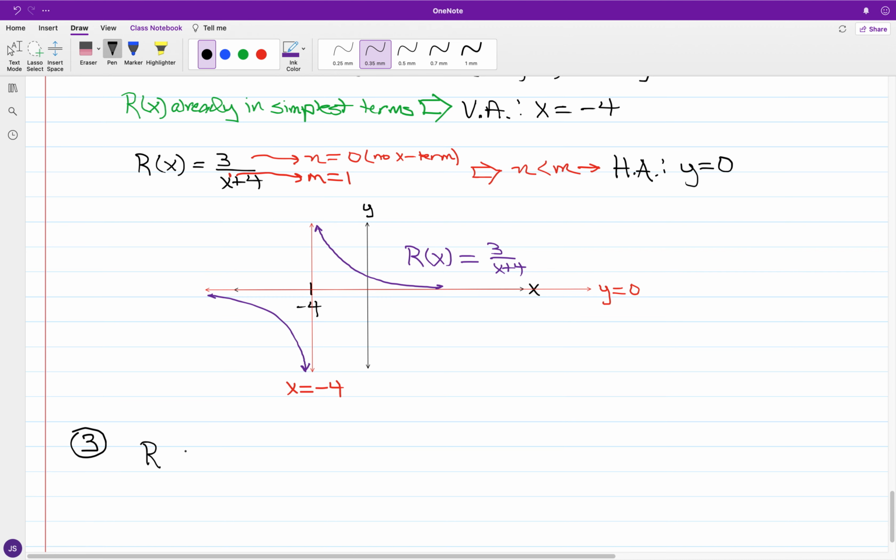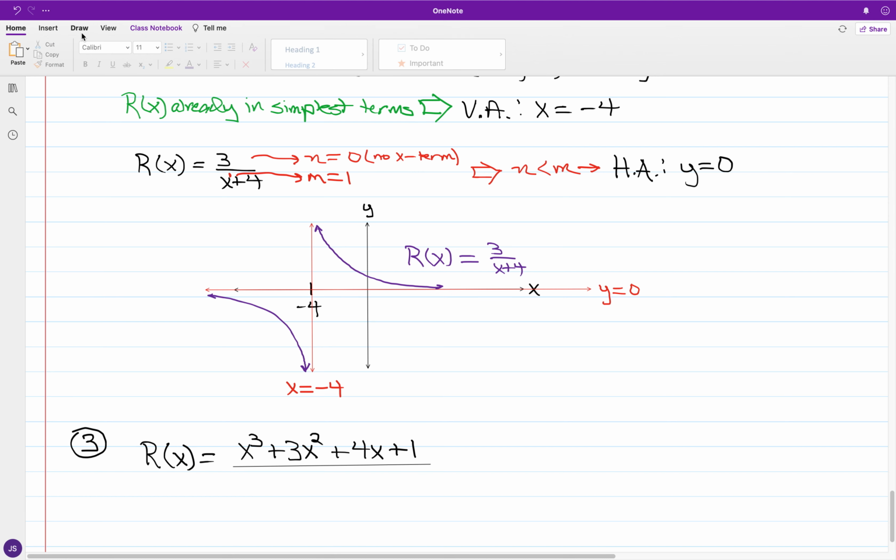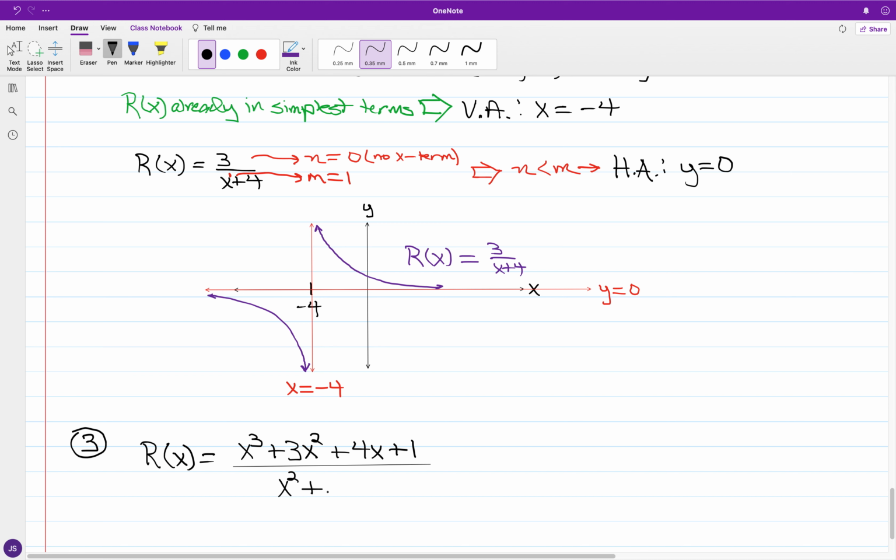So you have r of x equal to, in this case, x cubed plus 3x squared plus 4x plus 1, all over x squared plus 1.